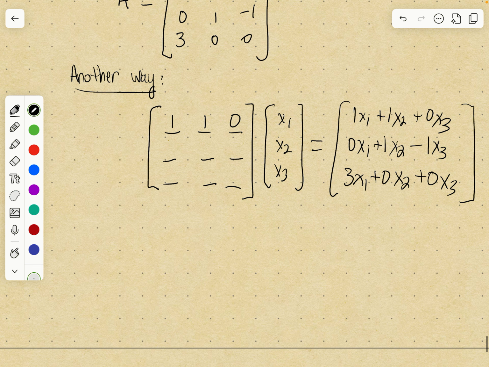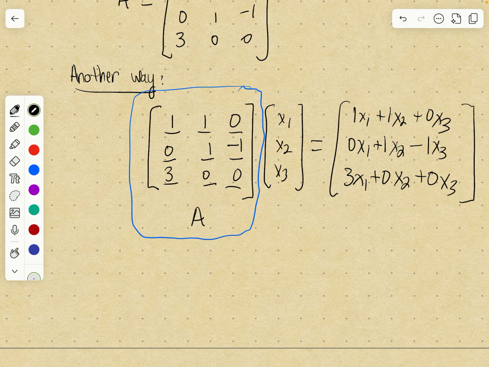Similarly, the second row has to be 0, 1, negative 1. And then the third row has to be 3, 0, 0. And so that's my matrix A. That's another way of doing it.